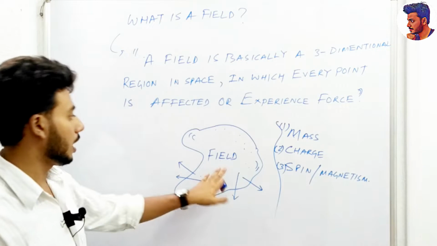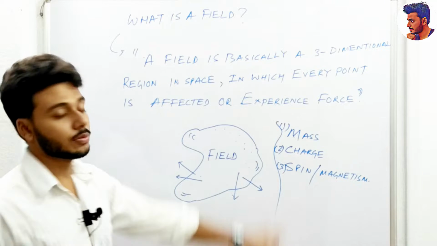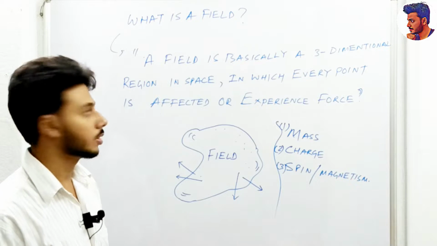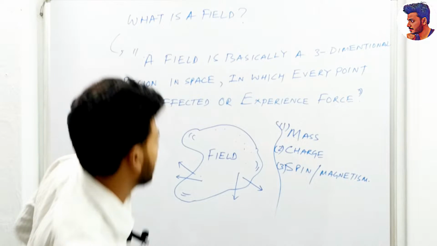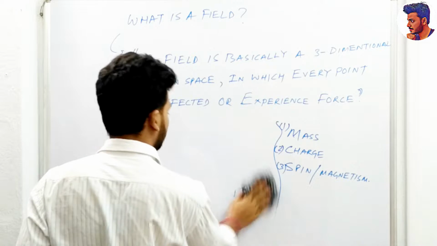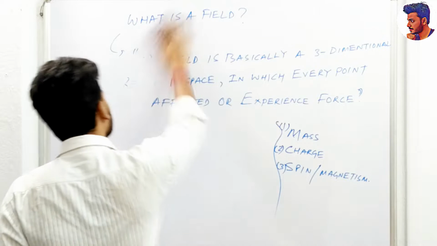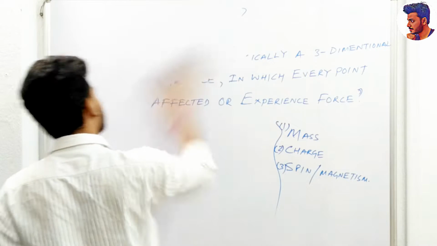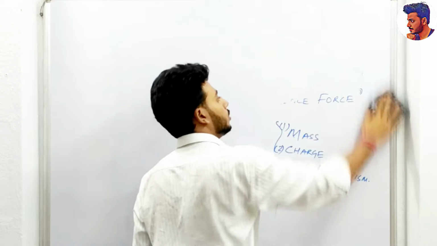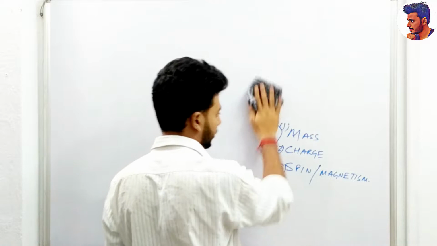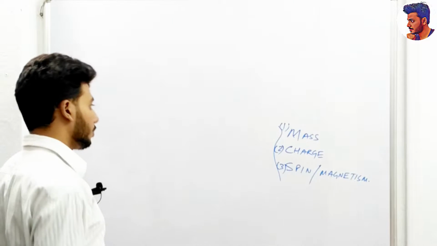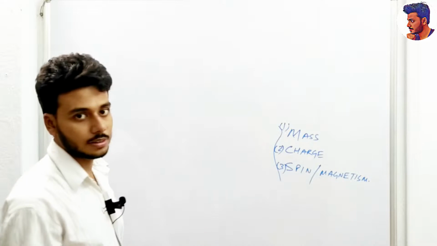So the fields are basically generated due to these fundamental properties. You might be asking me how. I'm telling you how these three fundamental properties actually create the field. It is the mother nature that usually does this.